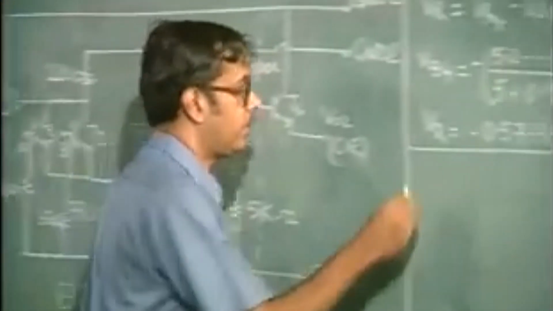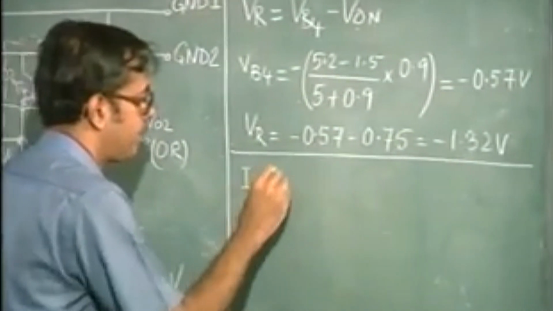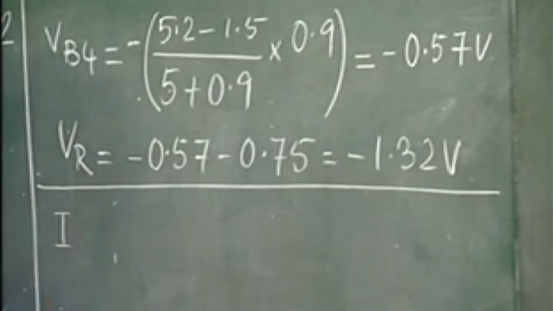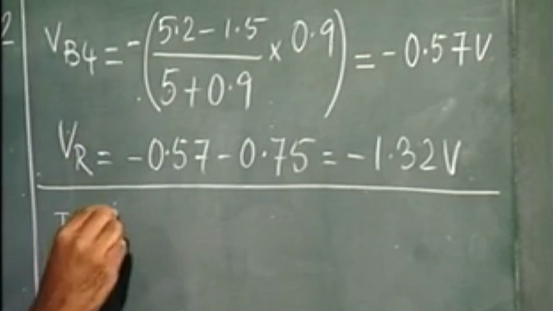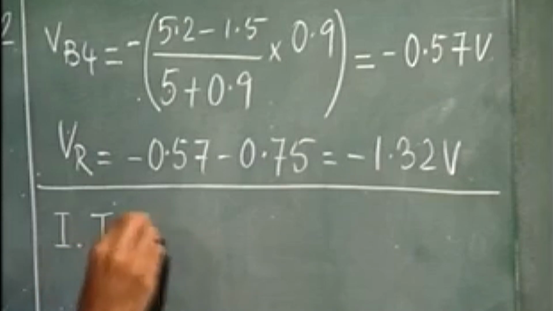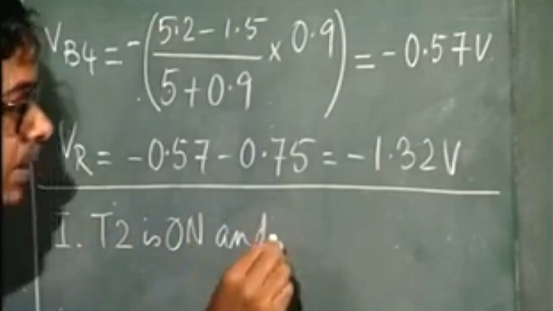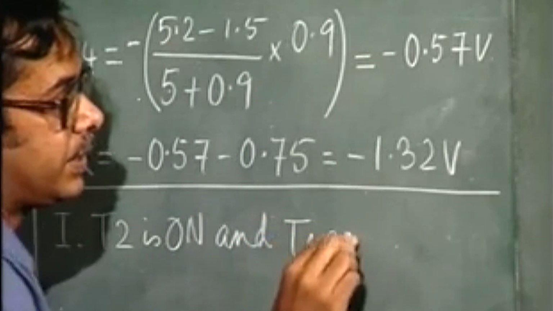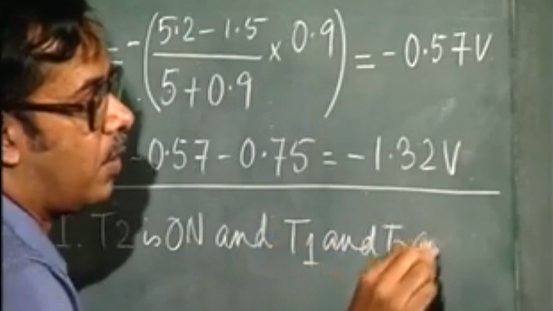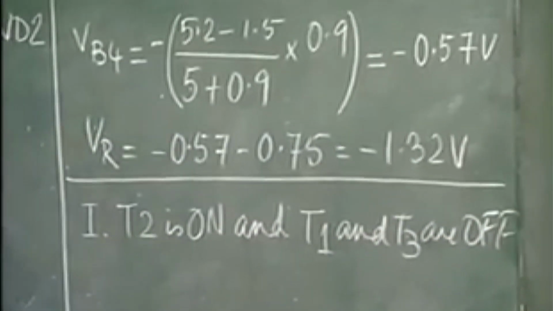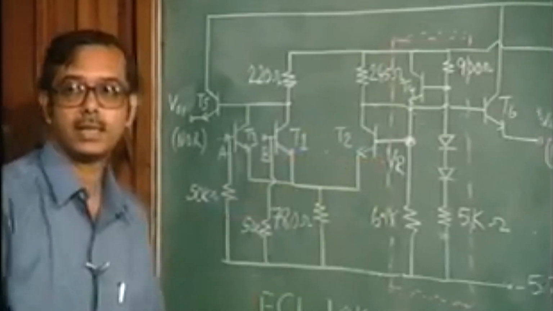So let us say case 1, T2 is on and T1 and T3 are off, okay. That is, the right hand branch is conducting, okay.